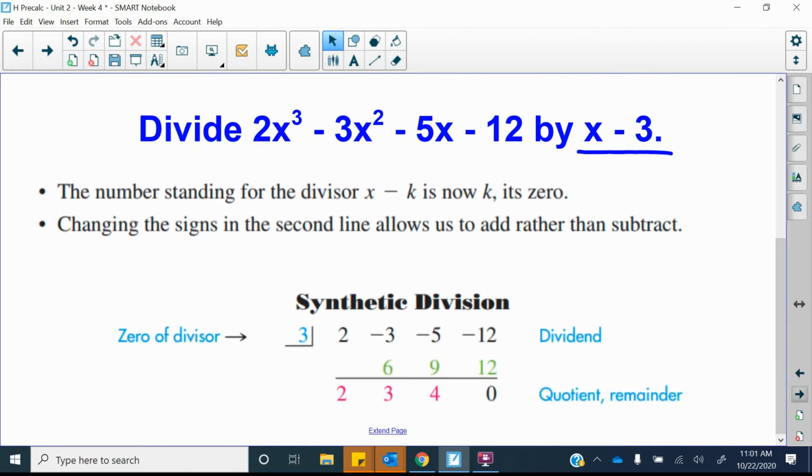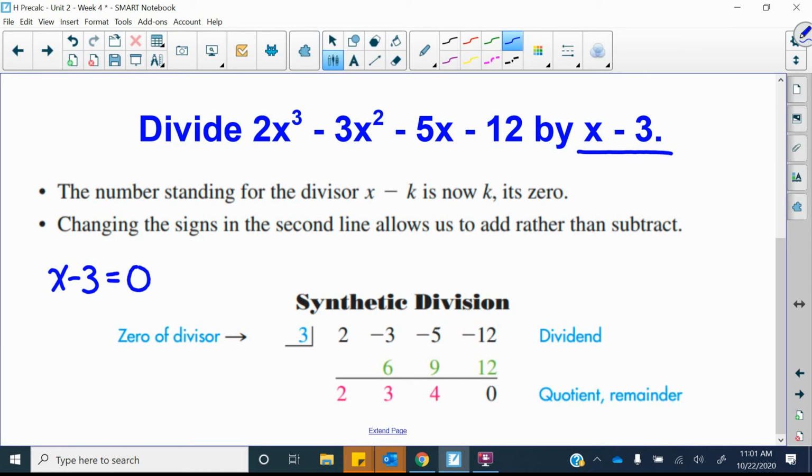So if you remember synthetic division, I have a copy of what this looks like for this particular example, and I'll go over where everything comes from. Basically, the number in this box is the 0 of our divisor. So we take our original divisor, just like you did for the factor theorem and the remainder theorem, and we solve it for x, and that number is what goes inside of the box.